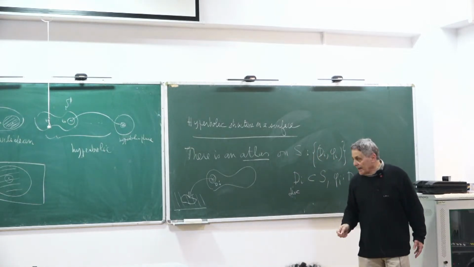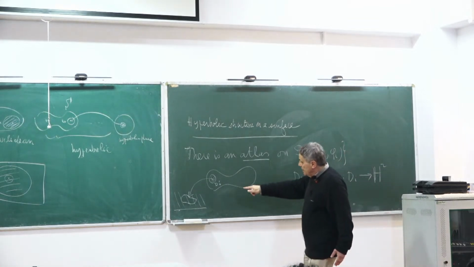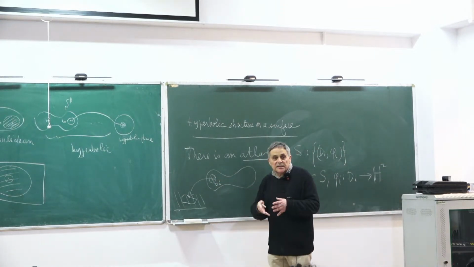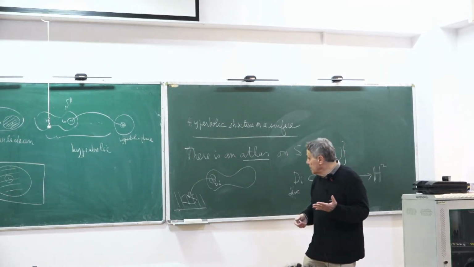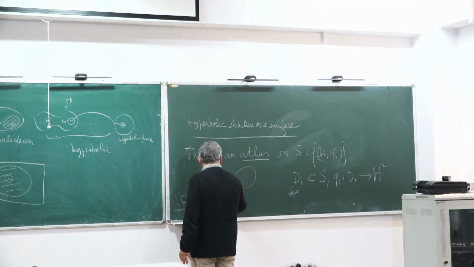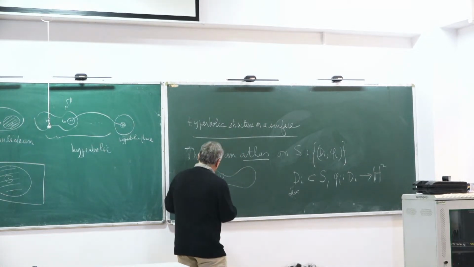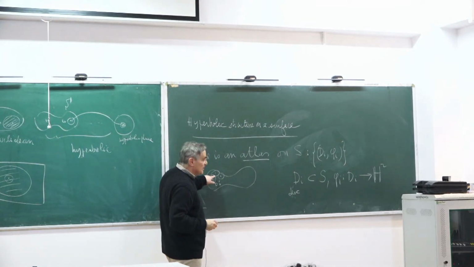Okay, and I want to say that on this disk I see a disk of the hyperbolic plane. So I want to glue them all together. Another point here has this disk neighborhood. Another point here has this. But there must be some compatibility, right?